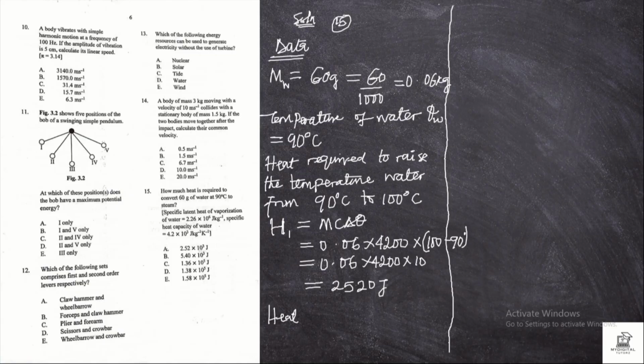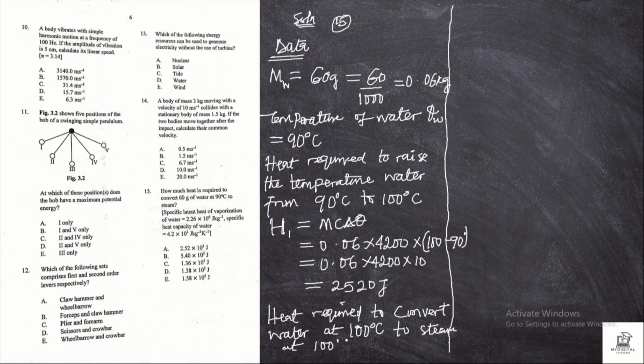So now we'll be talking about the heat required to convert this water at 100 degrees Celsius. It is now at 100 degrees Celsius, right? To convert it at 100 degrees Celsius to steam at the same 100 degrees Celsius, to steam at 100 degrees Celsius.